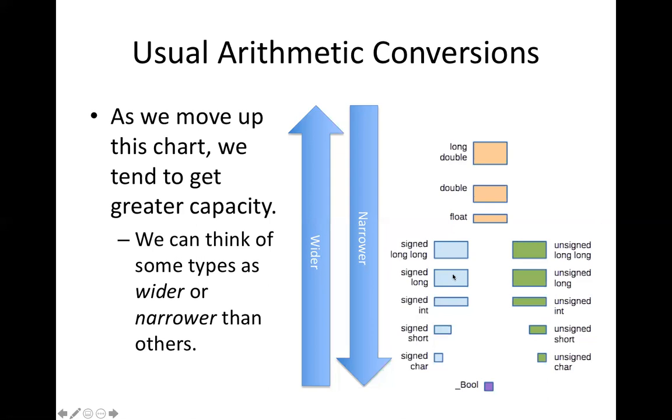So we use that word when we're talking about how the conversions work. And again, we'll think of the width of a type as matching this picture. The floating point types are wider than the integer types. And among the integer types, some of them have more capacity. Bigger ones like long have more capacity than ones like char.